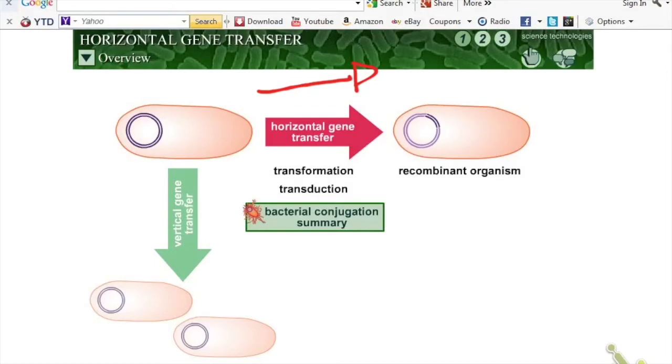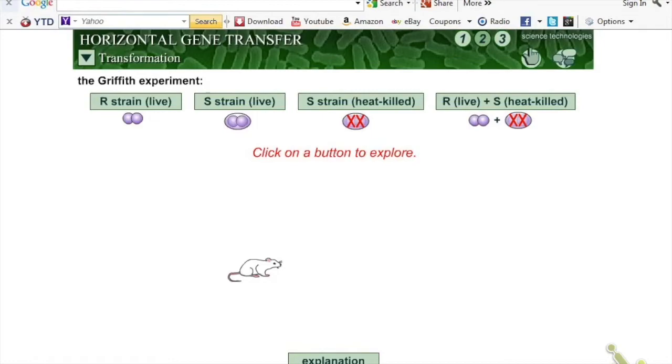And how did they discover it? One of the experiments deals with Streptococcus pneumoniae. We call it the Griffith experiment. And the Griffith experiment is an example of transformation. Here's what happened. In the Griffith experiment, Griffith used two strains of the bacteria, the R strain and the S strain.